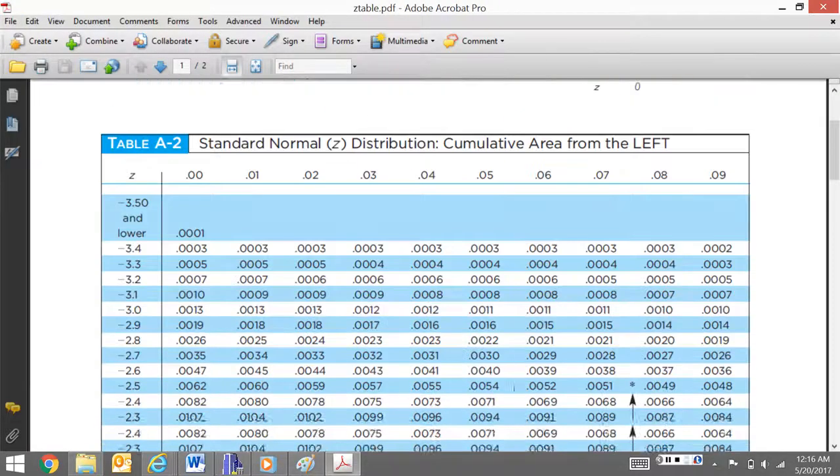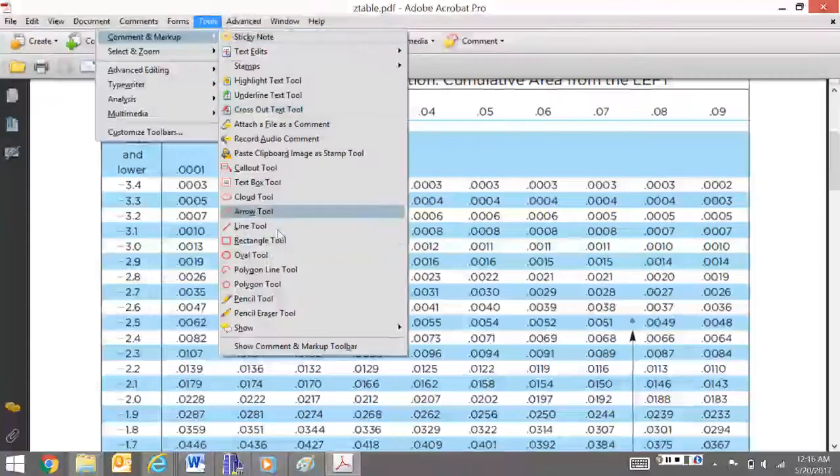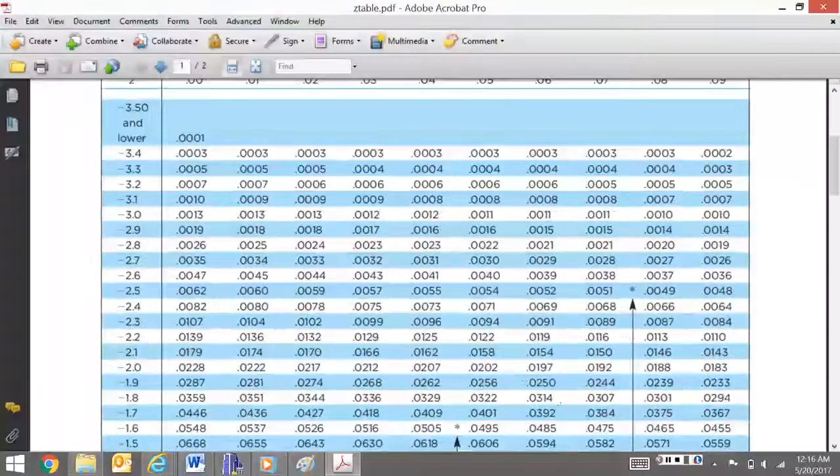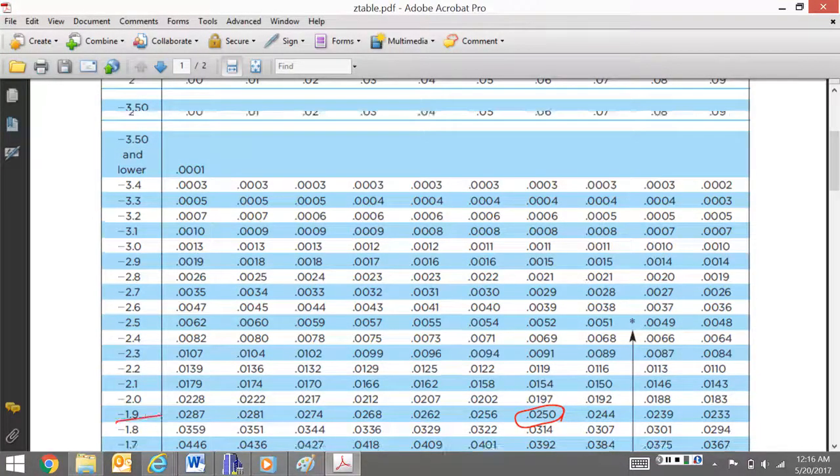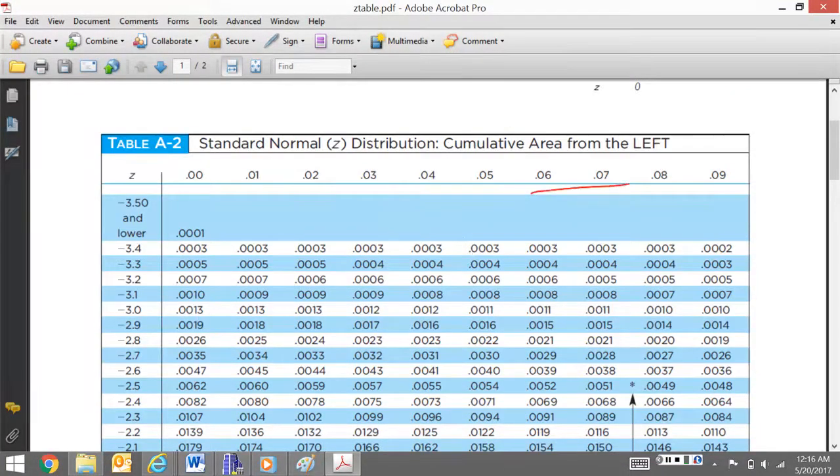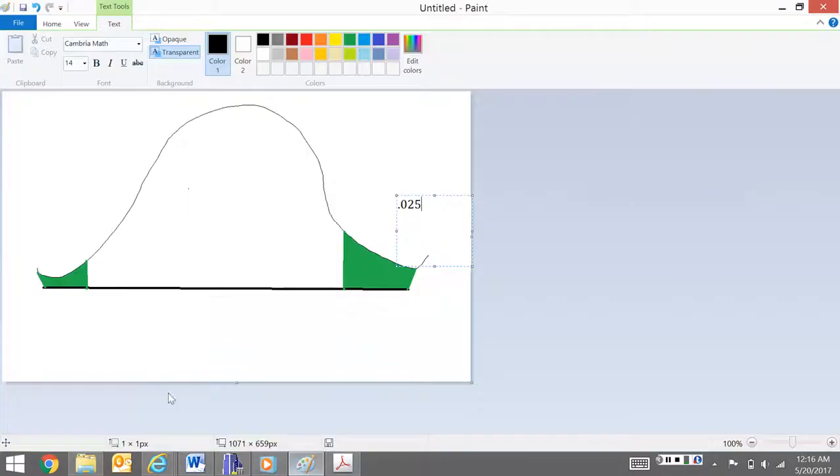So we look in the body of the table, and we're looking for 0.025, so that's right here. And we can trace that back to 1.96 and negative 1.96. This value here is negative 1.96. This is positive 1.96.